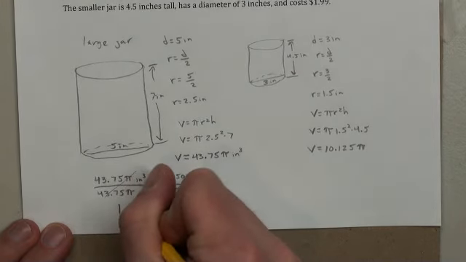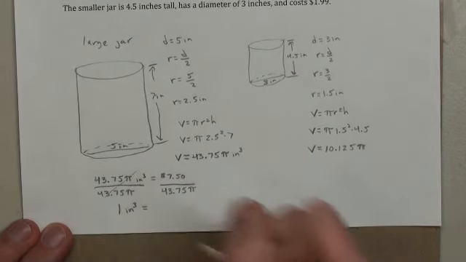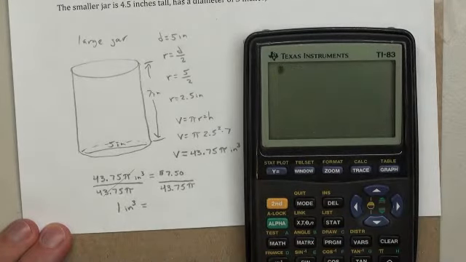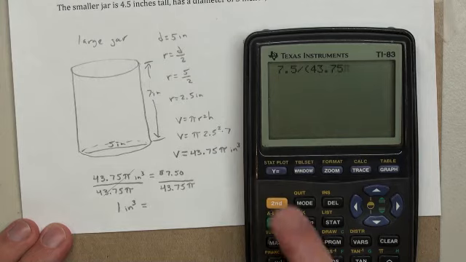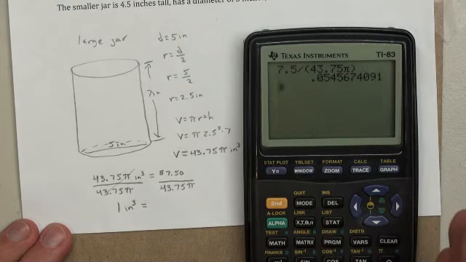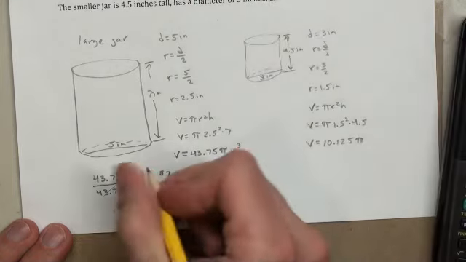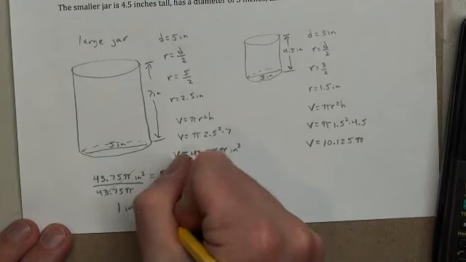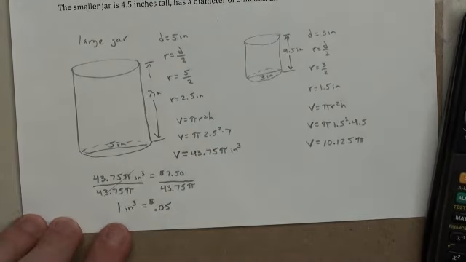I get 1 inch cubed equals, and now I divide this out. 7.5 divided by, in parentheses, 43.75 pi. Don't forget your parentheses. So let's round to the nearest tenth. So 0.05. So it's 5 cents, okay, for 1 inch cubed.